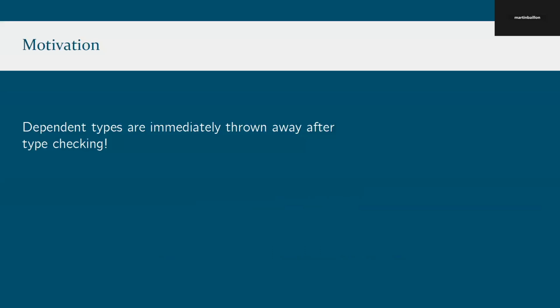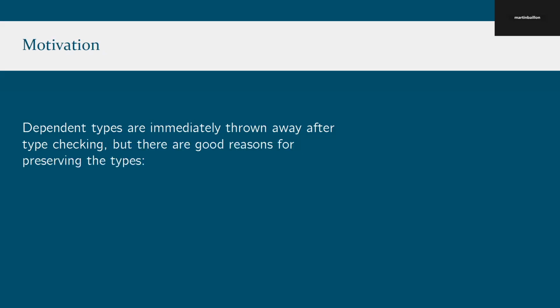the motivation a little bit, because there is a very unfortunate fact that we are immediately throwing away all the dependent types after we type check in all of the existing compilers, which is not a bad thing because they have fulfilled their mission to verify that our source programs are correct.